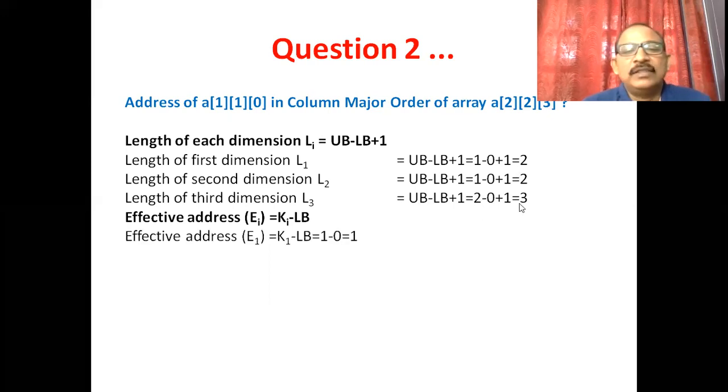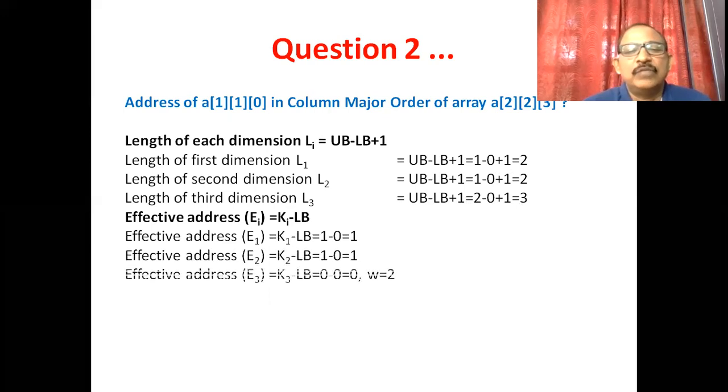And for the effective address, again you use the same formula, Ei is Ki minus LB. Here you can see K1 minus LB is 1 minus 0, 1. K1 is 1, K2 is 1, and K3 is 0. So 1 minus 0 is 1, 1 minus 0 is 1, and 0 minus 0 is 0.